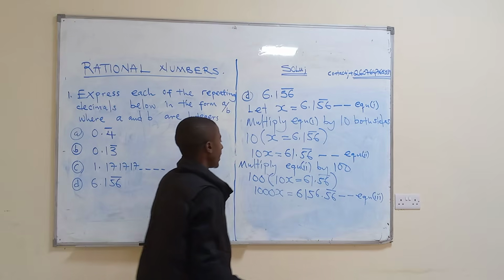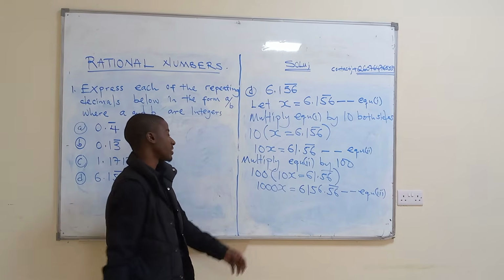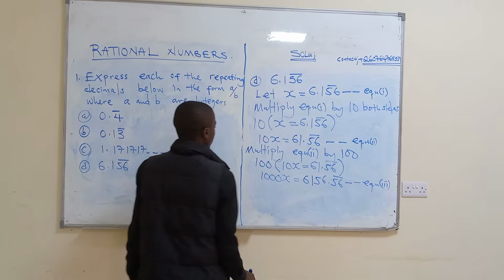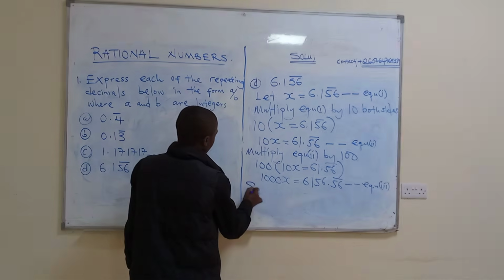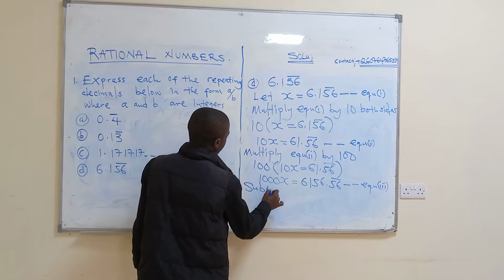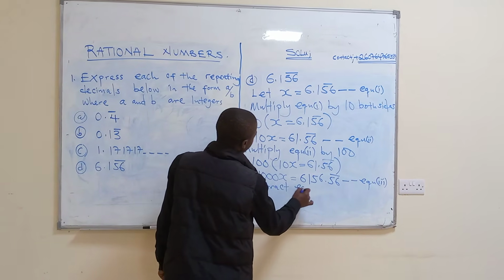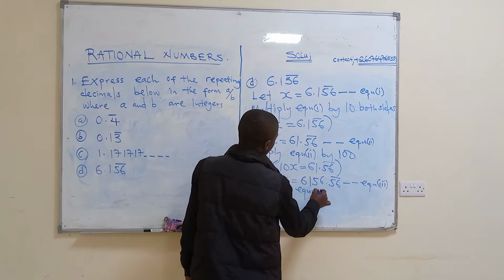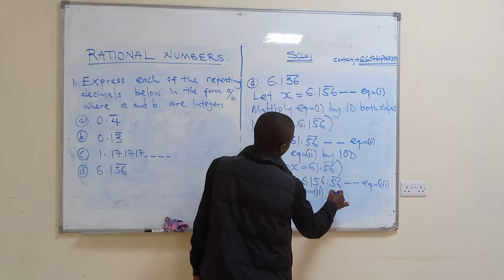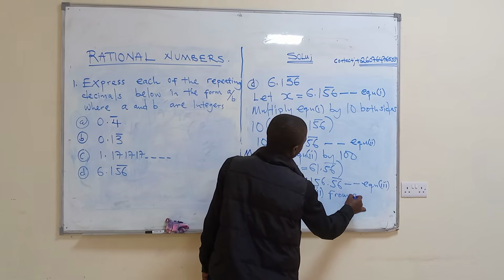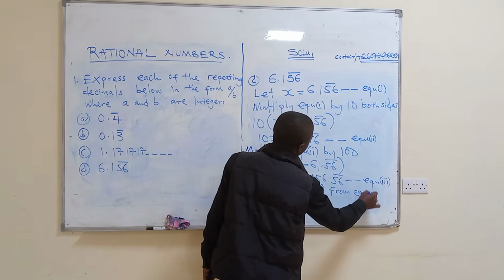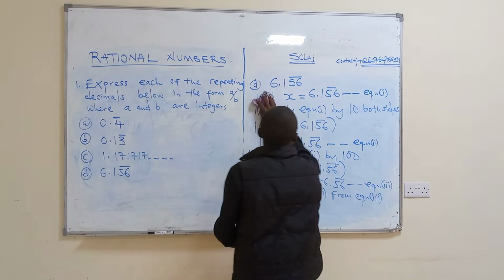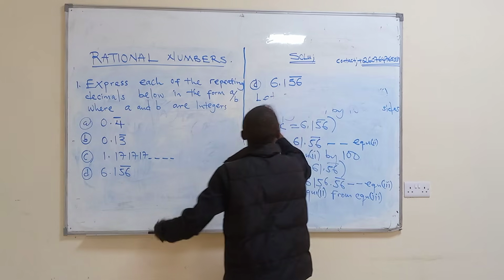So from there, what am I going to do? I have to subtract the equation. This one has to be subtracted from that one. So say subtract equation 2 from equation 3. So let me just have the upper part.